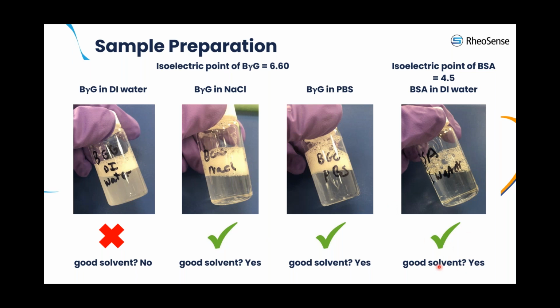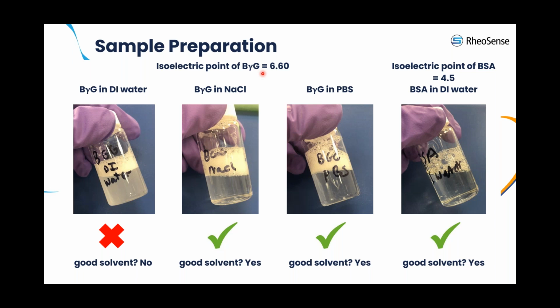To explain this, we can refer to the isoelectric point of BGG and BSA. The isoelectric point is the pH at which a protein has no net electrical charge. At this specific pH, the positive and negative charges on the protein are balanced, which results in an overall neutral charge.